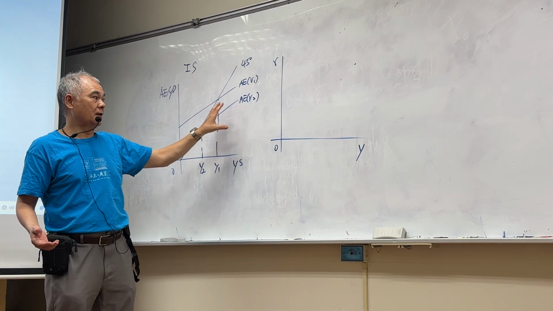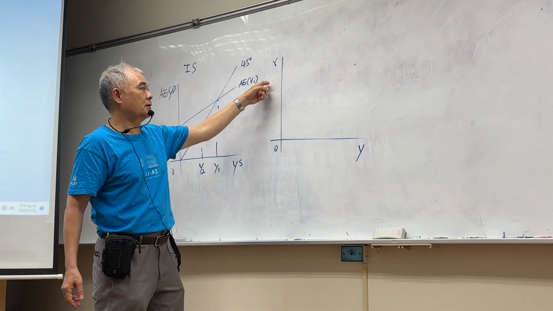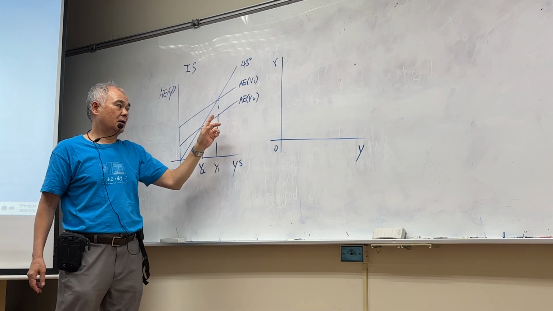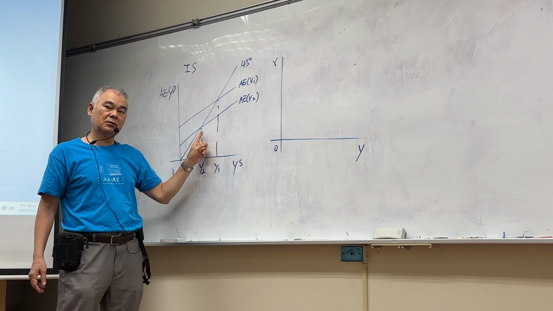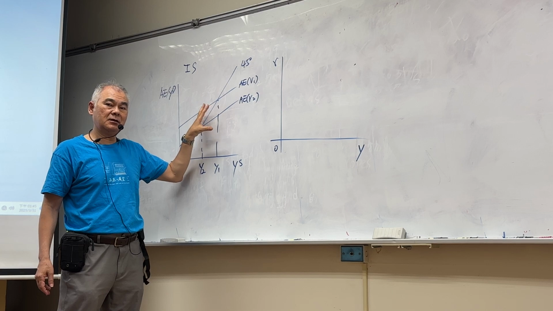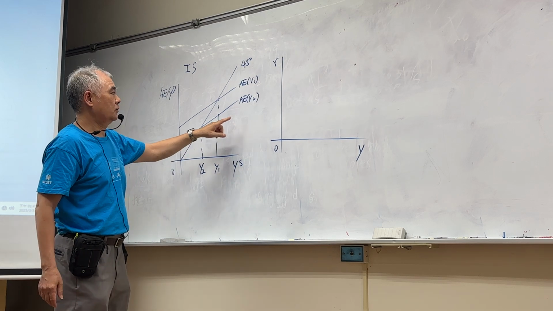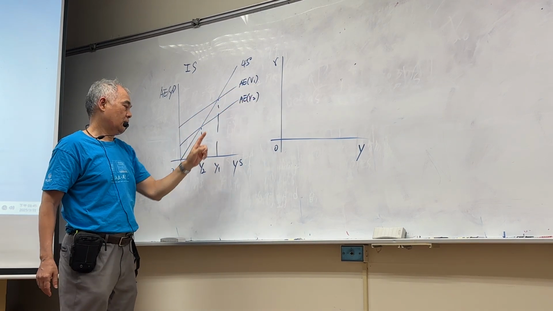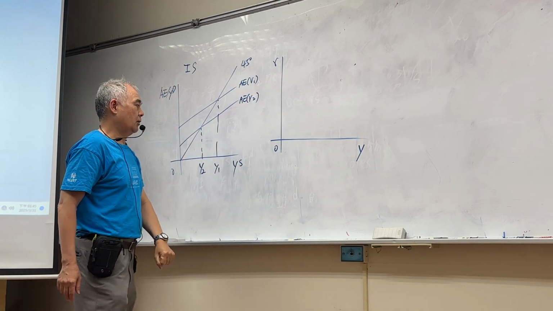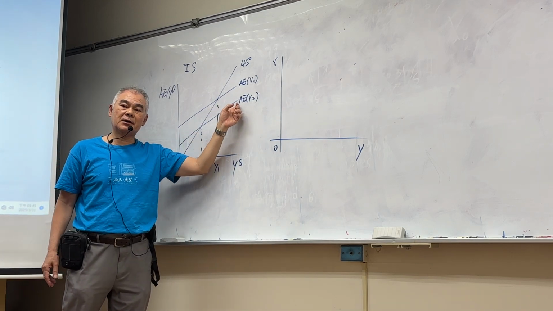And then we can derive another graph here, with Y and the interest rate, and that is the IS curve. Because in this case, investment is equal to saving, since we make sure that what we get is an equilibrium income. From here to here, you have two interest rates and two income levels, so here you have Y, and then you have R. Let us say we have aggregate expenditure that is the same.